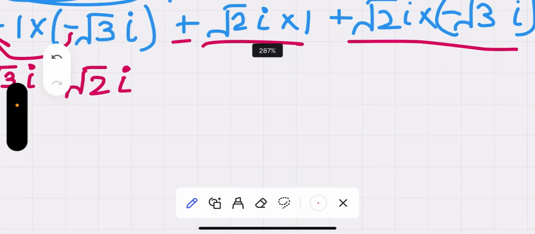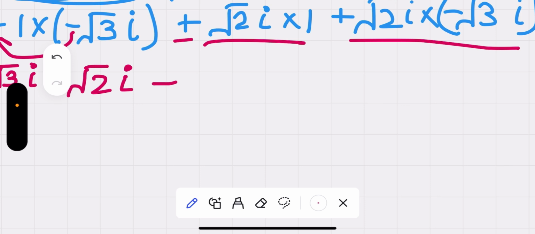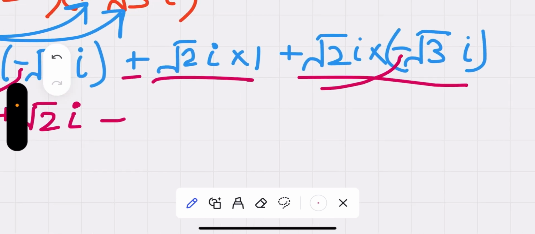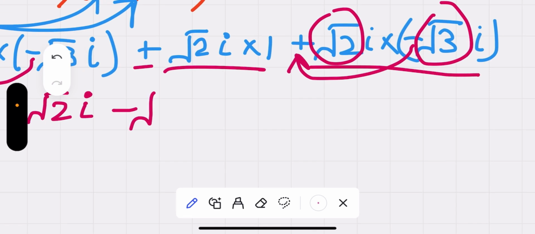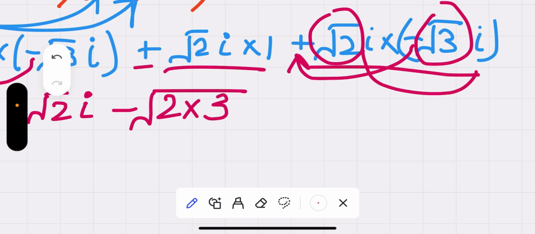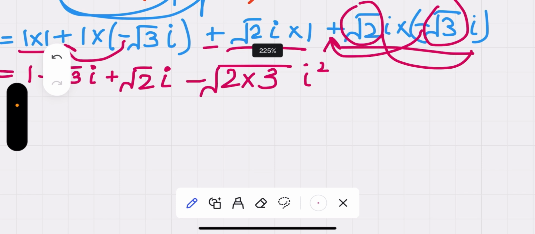And here minus, because this minus with this plus will be multiplied and will give minus, and square root 2 multiply square root 3 we can write in the common square root, because the square root power is same, so 2 times 3, and iota with iota, so iota square outside of the square root.